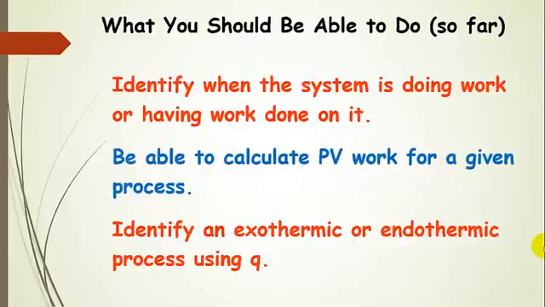Very important, you want to be able to tell by various words in the problem, or the sign of W, or whatever information you have, whether the system is doing work or having work done on it. You want to be able to calculate PV work for a given process, and identify an exothermic or endothermic process using the sign of Q. So that's just so far.